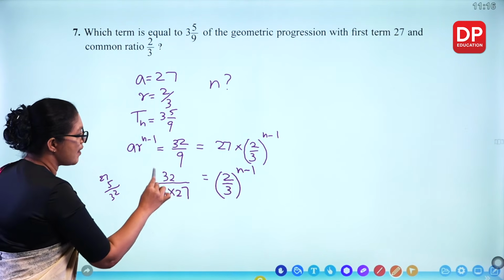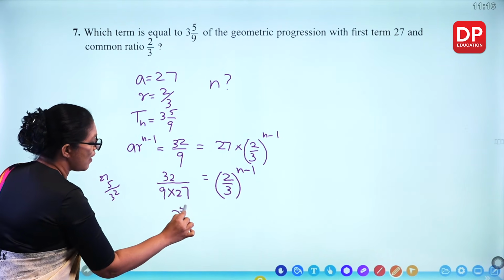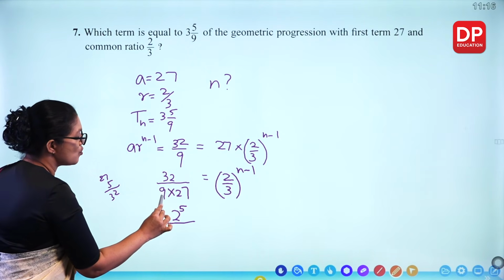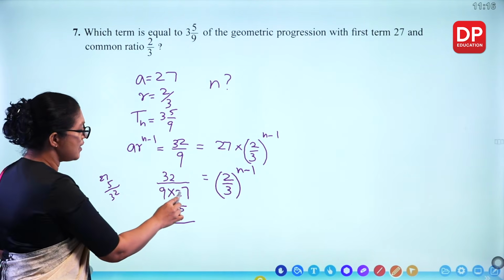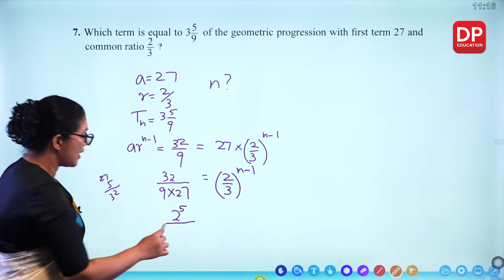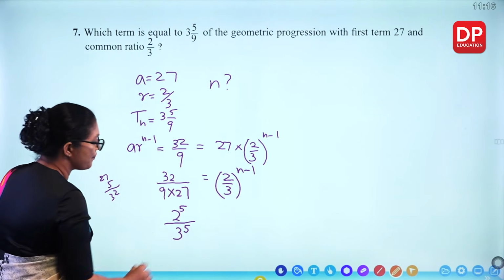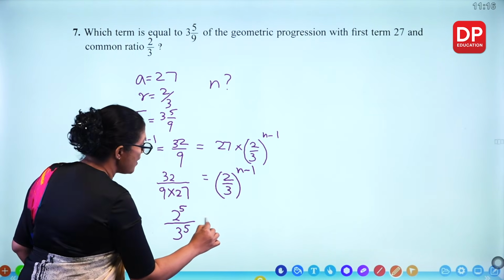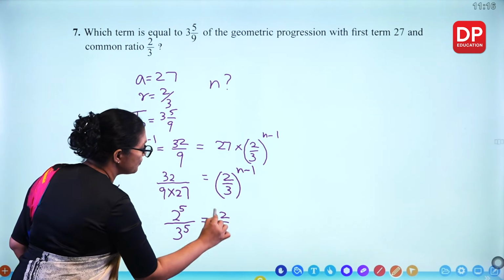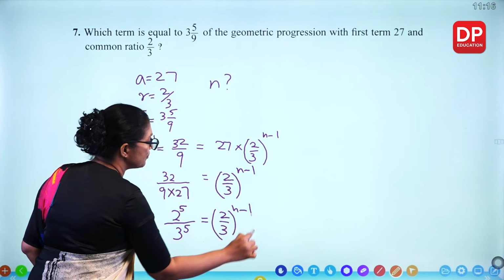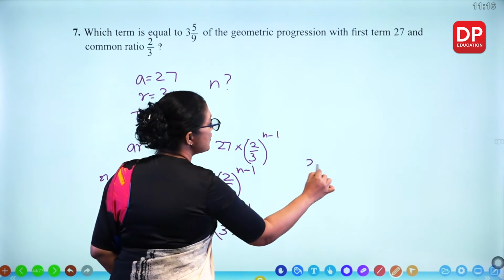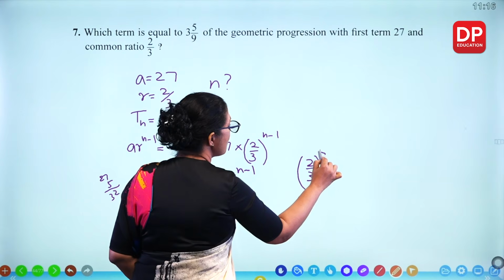This one I can write 2 to the power 5 is 32. This is 3 to the power 2 and 3 to the power 3. You get 3 to the power 5. I can rewrite this as 2 over 3 whole thing power 5.